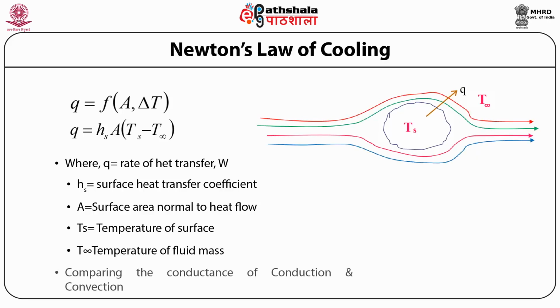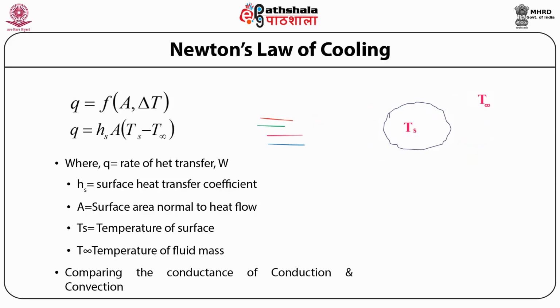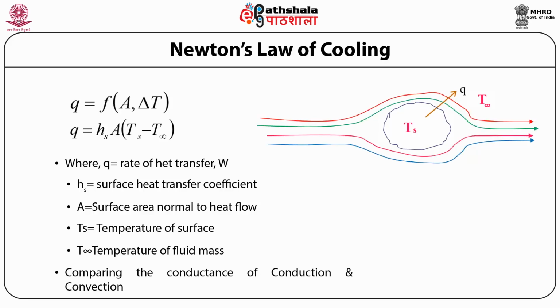Now, let us compare the conductance of conduction and convection heat transfer. The relation is Hs equal to K divided by del X. One important interpretation we get here is that heat transfer coefficient depends on the thermal conductivity of fluid.